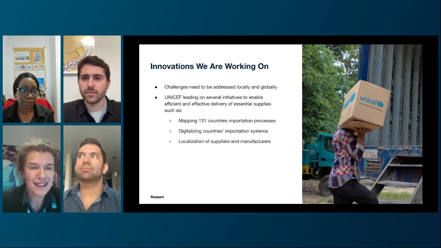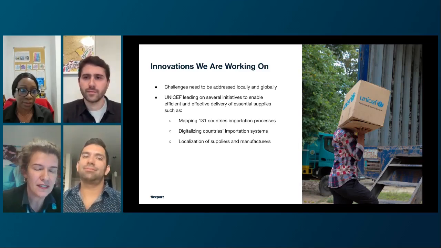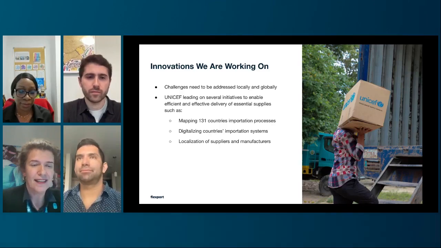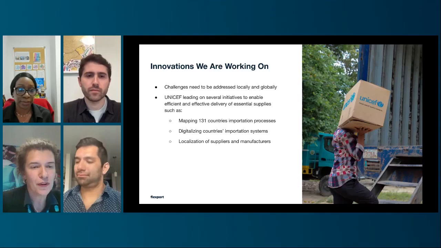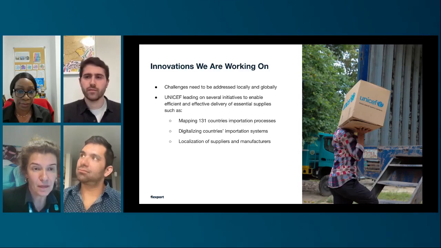Innovation sometimes can be found in the simplest of solutions, right? You can imagine that for us to move all these vaccines worldwide, picking them up from the suppliers is one aspect of the work, but then making sure that they are being imported and they are going through the regulatory requirements within all the different countries that we work with, it's another complexity.